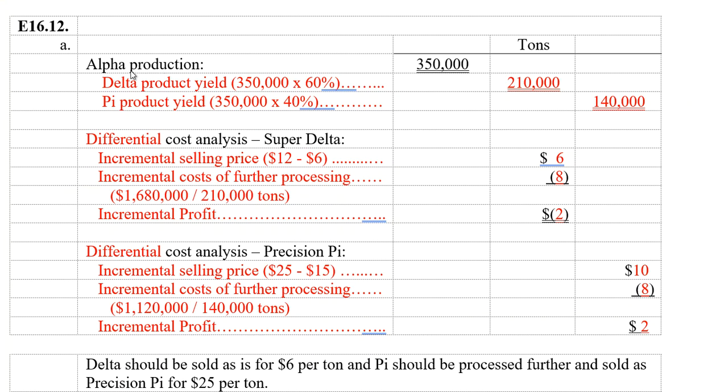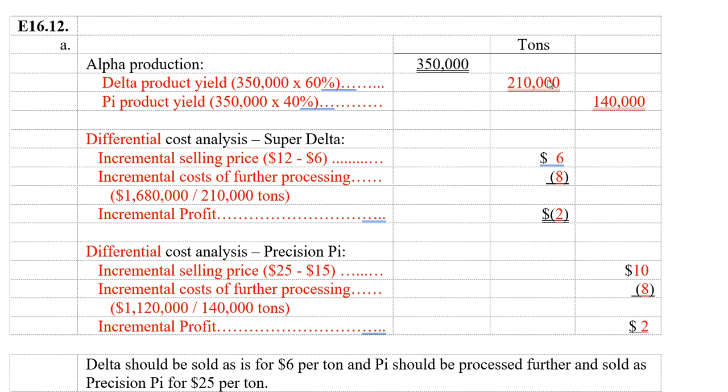And I want you to see here that alpha is what they pulled out of the ground, okay? And they have separated 60% of it into delta. It's a product, and they're just calling it that. Then they have a product called pi that 40% of it went into.